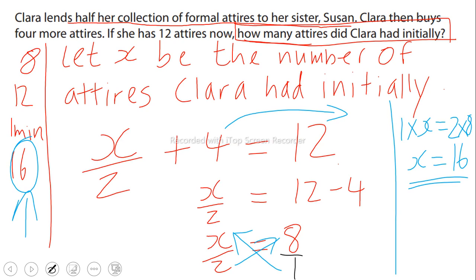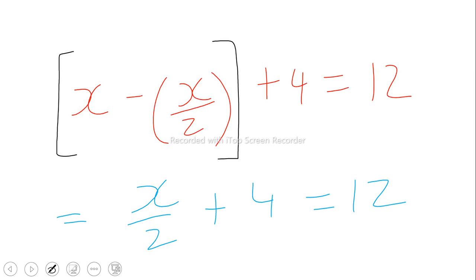Very good. Okay. So, Mr. Petit, we would still have to write the sentence to answer the question, right? Yeah. So let's do that.